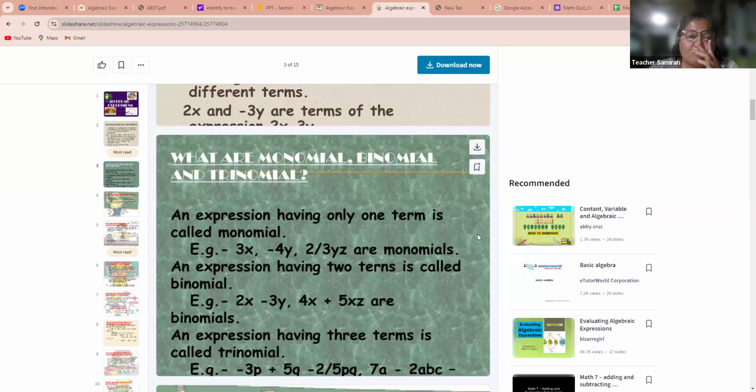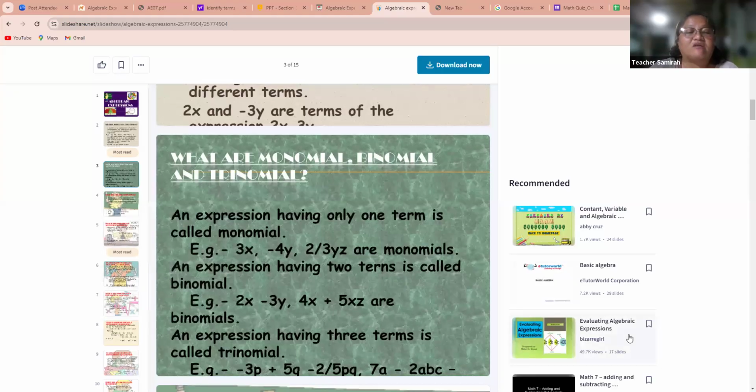So what are monomial, binomial, and trinomial? These are types of expressions, actually. An expression having only one term is called a monomial. For example, negative 3x is one term and that is called a monomial. Negative 4y over 3 is a monomial, and 2/3yz is a monomial also. Okay?